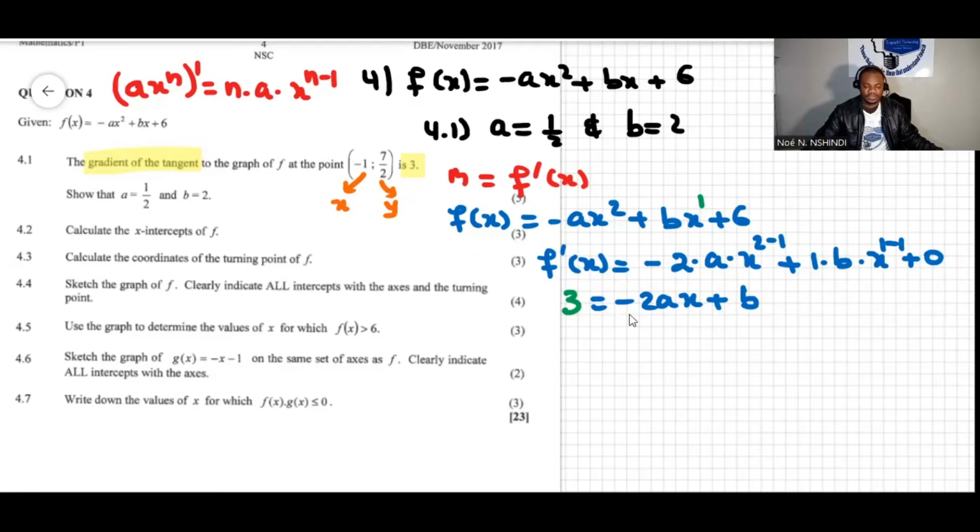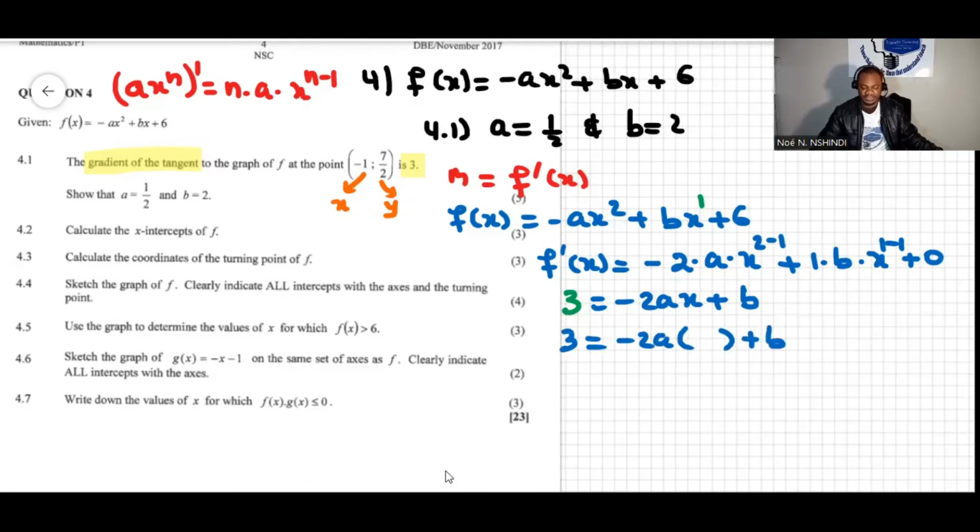First of all, because it is the gradient at that point, x equals -1, I can sub in the value of x as -1. So it's going to be 3 equals -2a times x plus b.